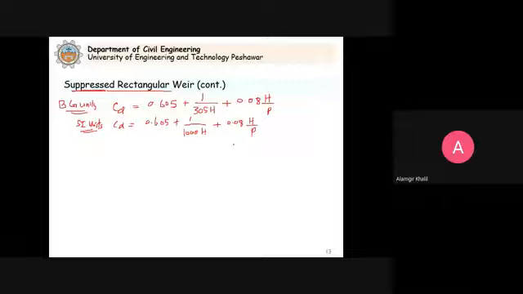If you want to accurately measure the discharge, you already conducted the experiment on how to estimate the value of this CD. Clear?